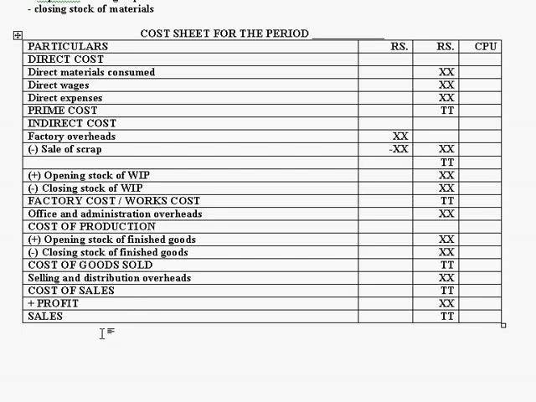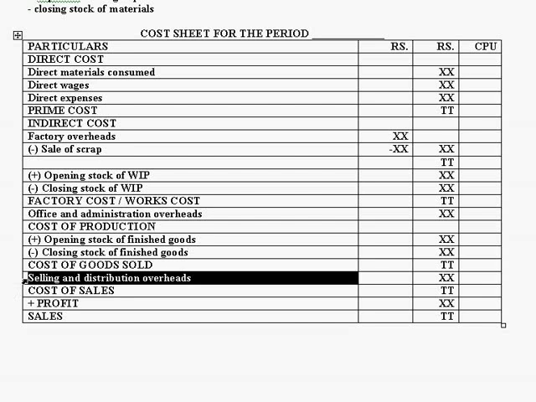Now what if the finished goods are distributed as free samples. What is your entry then? I'm sorry, what is your entry? Advertisement account debit to goods account.